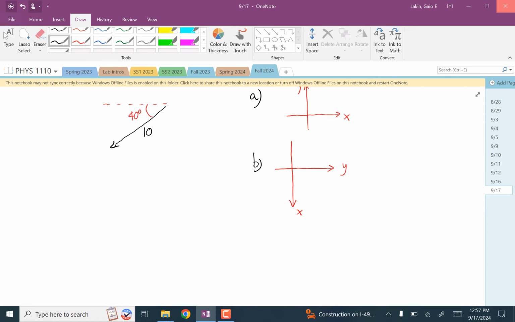And third, let's do it for a coordinate system where the x-axis is pointing this way, and the y-axis is pointing this way, and this angle is 40 degrees from the horizontal.